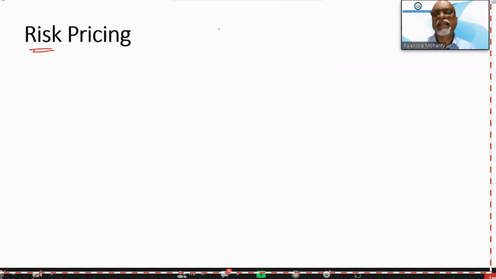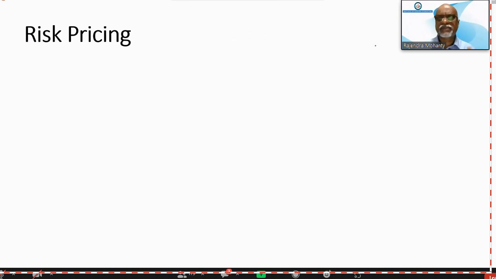Risk means basically, in the loan, what is the risk? Normally risk means credit risk, or we can call it default risk. So that is NPA, or we can call it the loss which might happen. According to that, we have to factorize that loss and add it to the future interest to be charged to the loan.